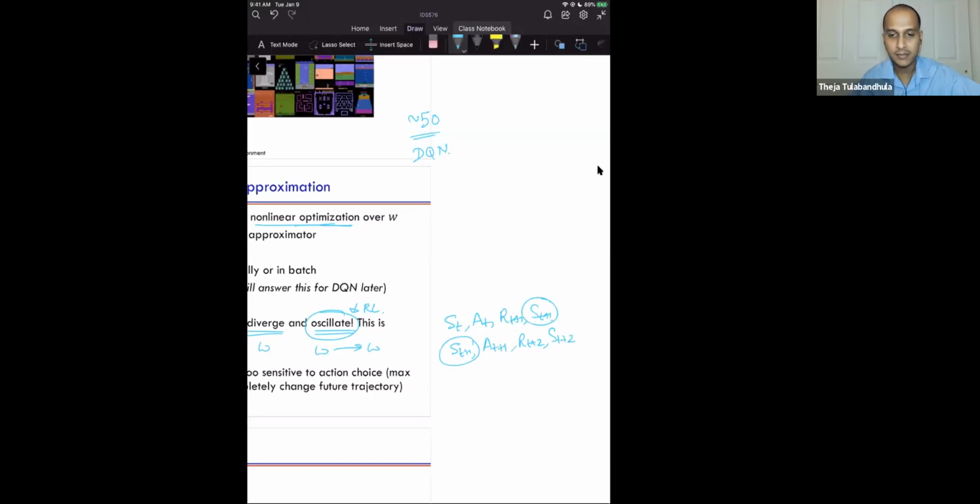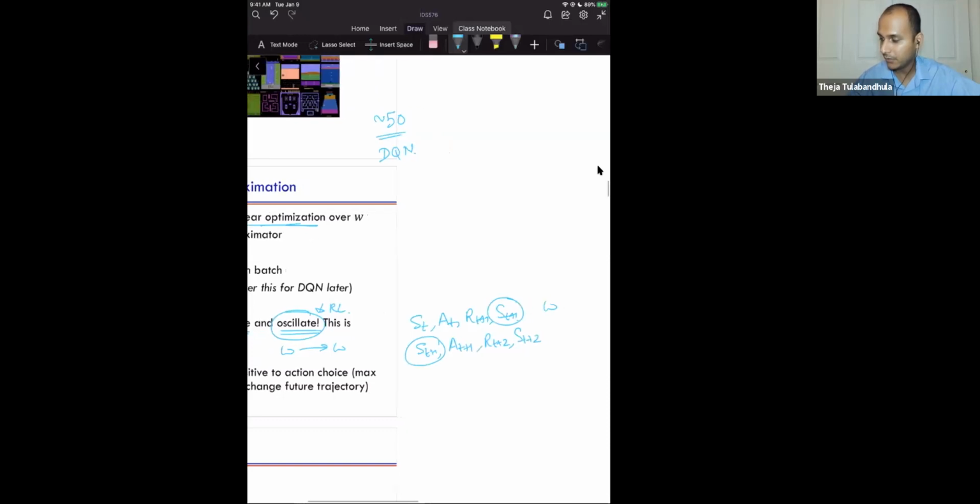So there is dependence. If I do a weight update, from this data I went from W older to W old, and from this next new data I went from W old to W new.